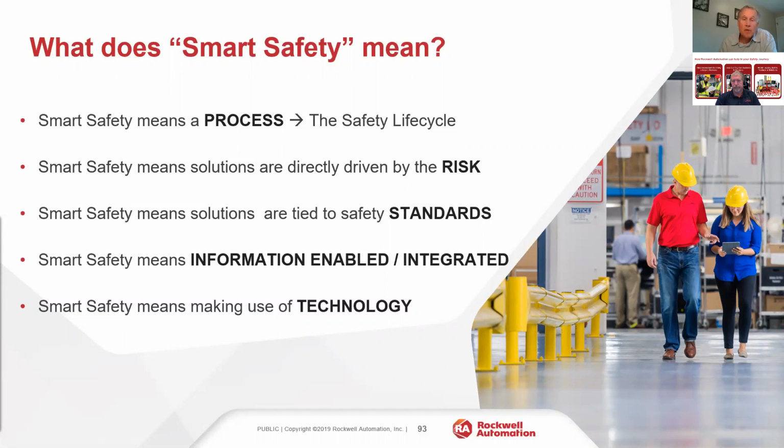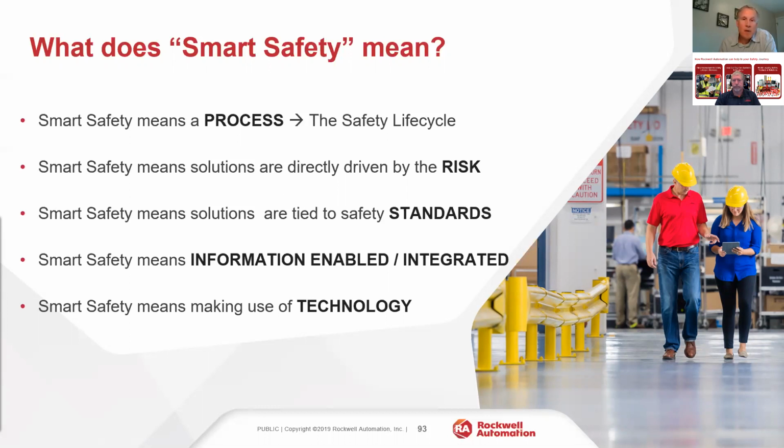Information enabled, machines that will alert us when maintenance is due or that a sensor is about to fail. Data collection, there's a lot of valuable information that can be collected from our plant floors that can help us with our productivity. And with higher productivity, obviously, is higher profits.